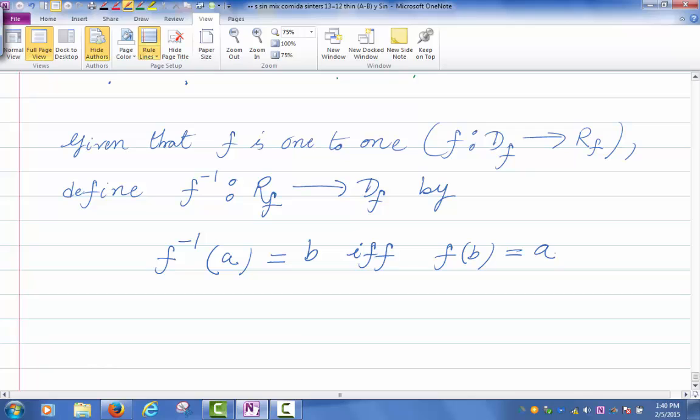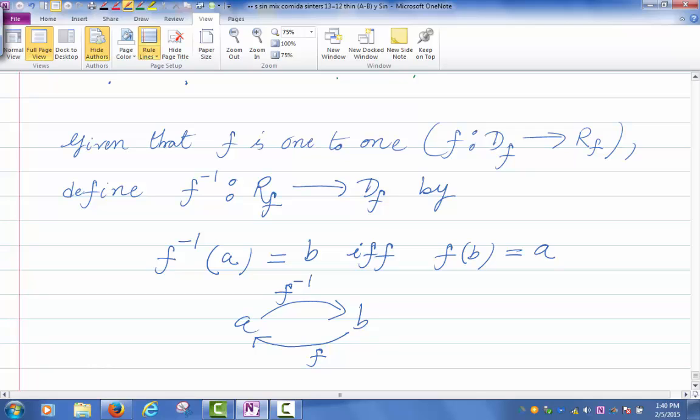Okay. So remember, in the above tables, that's what we did. We reversed. So if f takes b to a, then f inverse takes a back to b. In other words, here is my a and here is my b, and f takes b to a, then f inverse is taking a back to b, right?